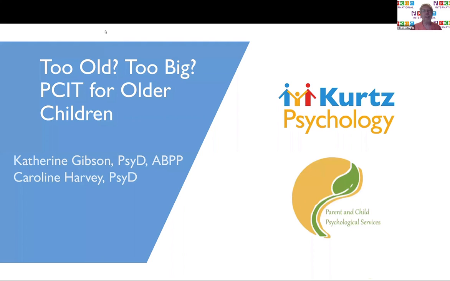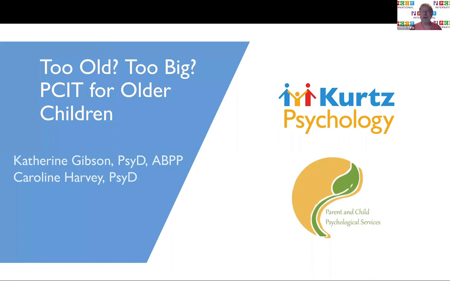I am so lucky that today's presentation is given by two of the folks that I get to work with every day. Kate Gibson, who is a board certified psychologist with us, and Caroline Harvey, psychologist on our team as well. They have developed a passion for this work. Many of you know that PCIT was intended originally for kids 2 to 7.